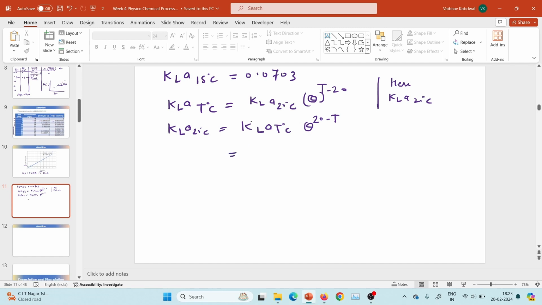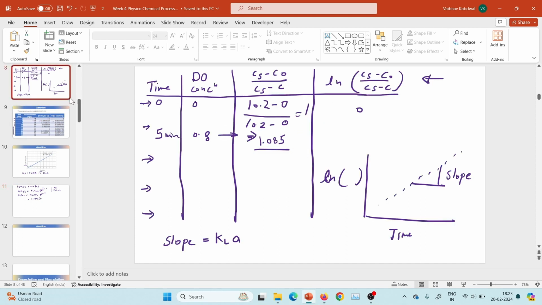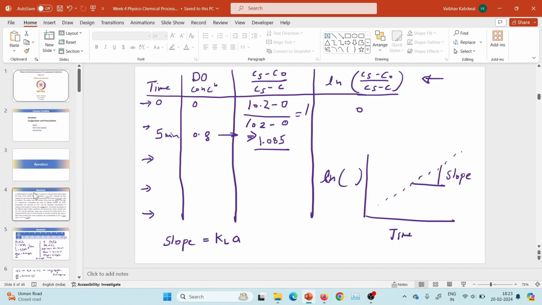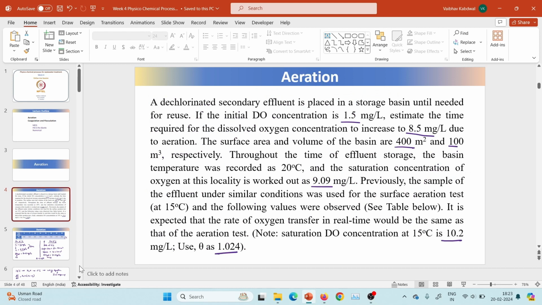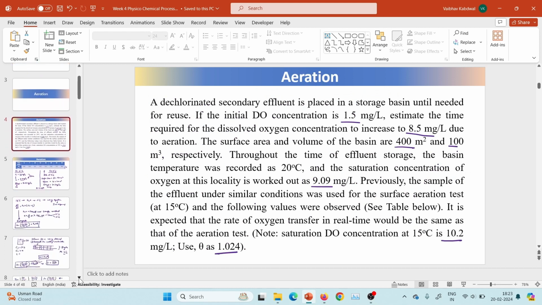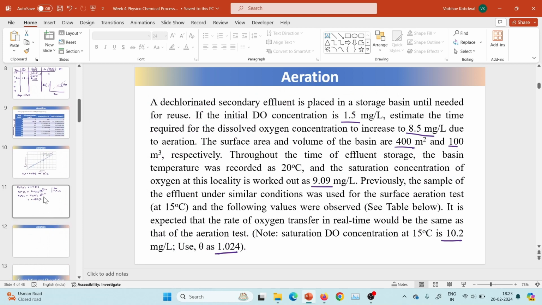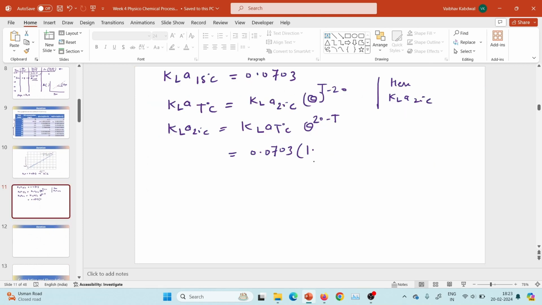Here T is 15 degrees Celsius, and KLA at 15 is 0.0703. Theta was 1.024, raised to the power 20 minus T, where T was 15.